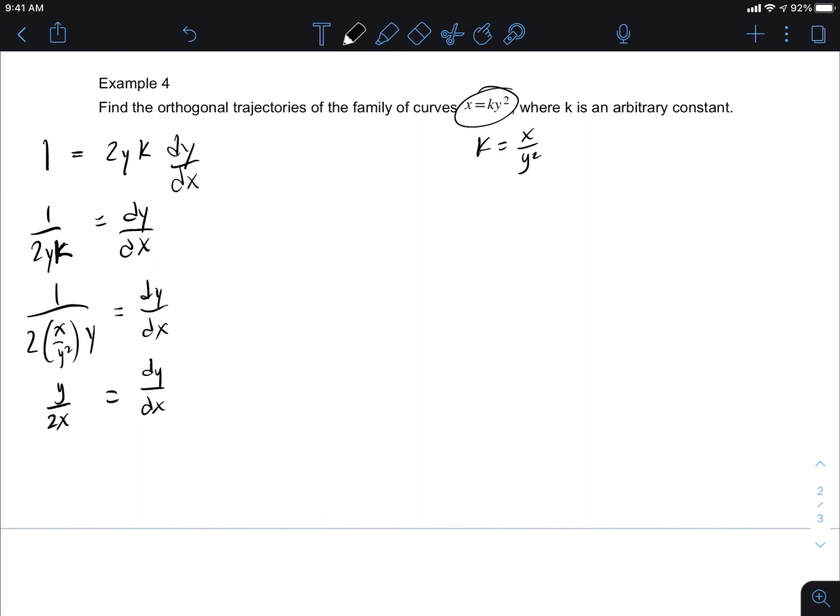Agreed? All right, so then from here, isn't this the slope? Yes. So then the orthogonal slope, because we know what orthogonality is, is going to be negative 2x over y equals dy/dx. Agreed?